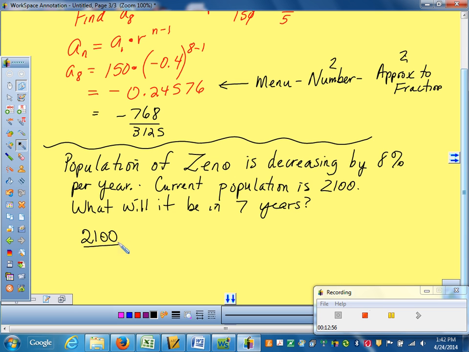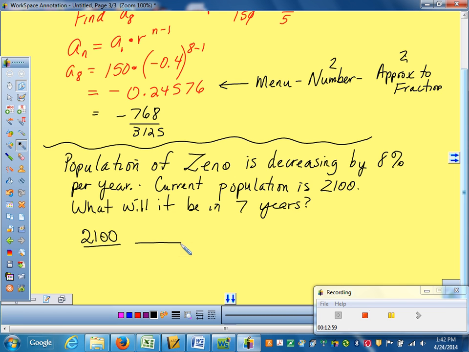Okay, so if 2,100 is what the population is now, how do you figure out what it will be in 1 year? So you're saying if I take 2,100 times 8%, I'll know the population a year from now? Because if you take 2,100 times 8%, you're going to get something like 168 people.